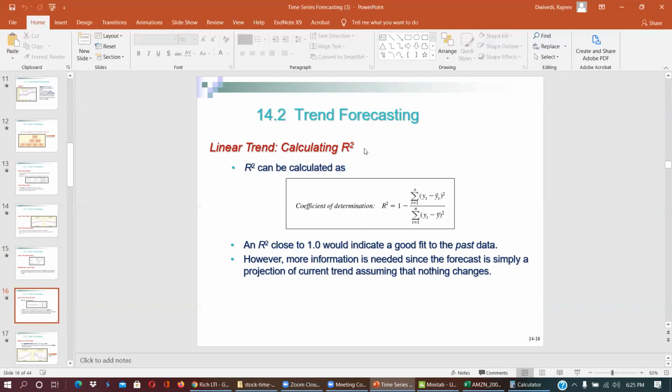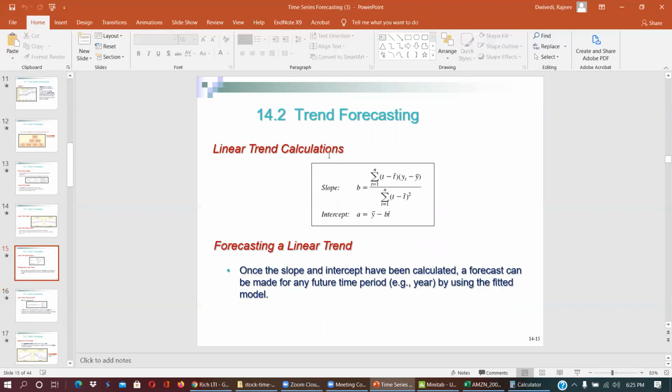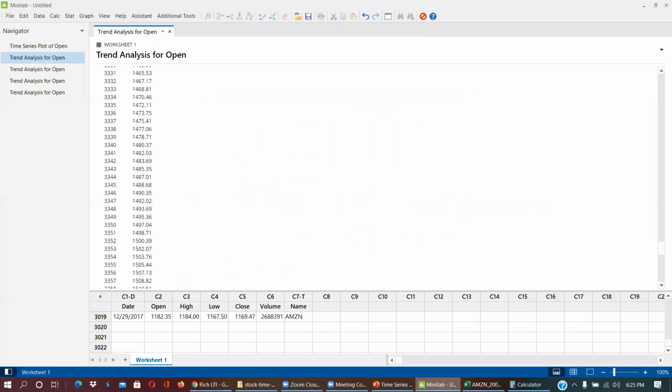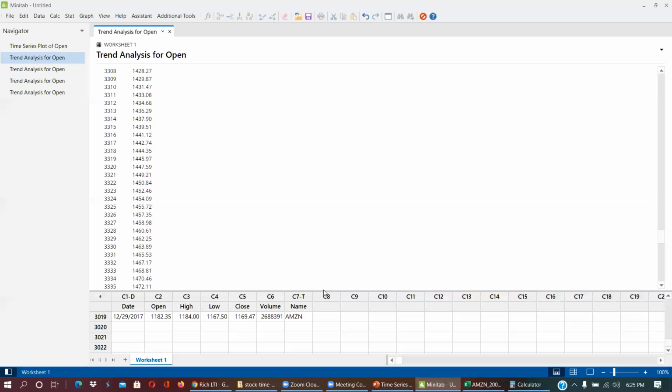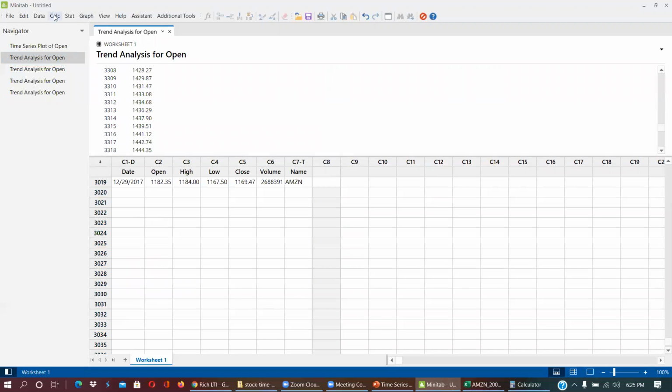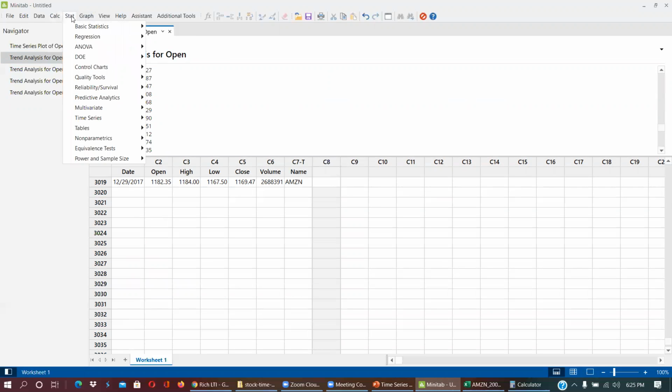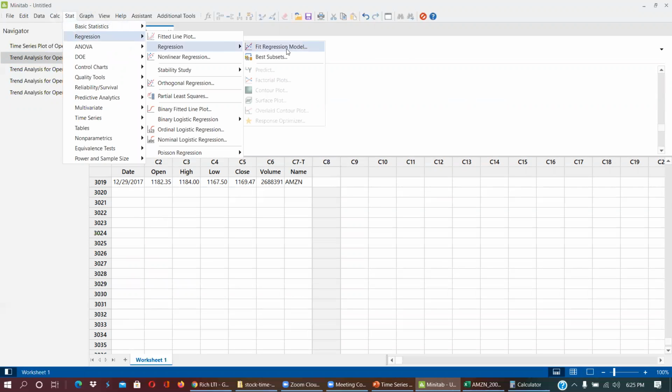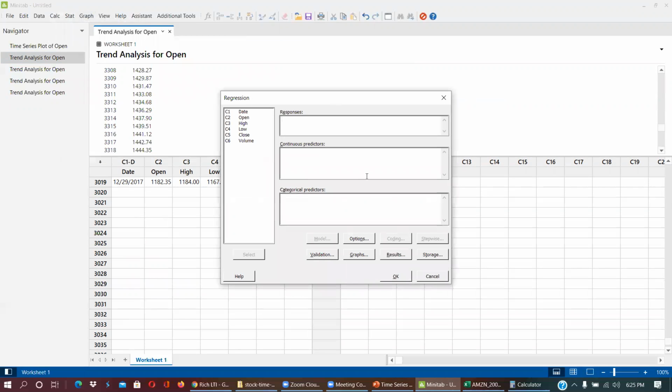R square, linear trend, calculating R. So this is another thing that you can do. For example, here we can see regression. I'm just going to use it, so the response is open, continuous predictor is date.